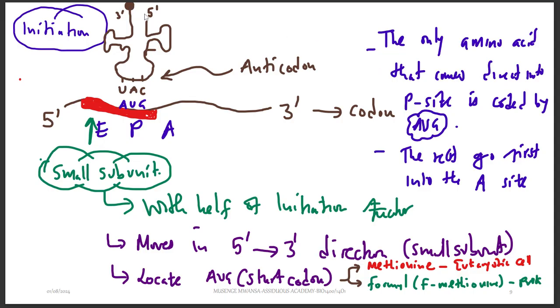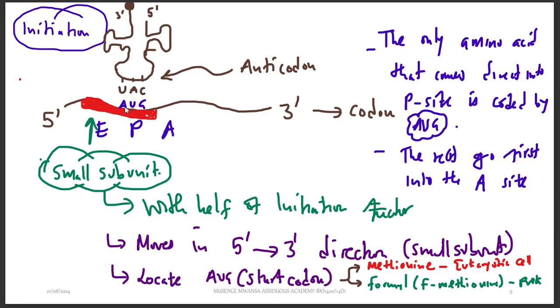3' end. Remember, for the amino acid to bind to tRNA, it needs aminoacyl-tRNA synthetase, and then it will bring it here. And that tRNA that is bringing the amino acid has to be specific. Remember, on mRNA we have a codon AUG.